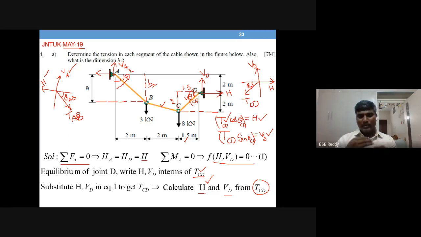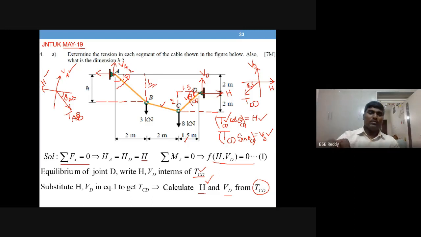So you'll go on solving the equations, and it takes a little longer to solve the problem. If you plan like this, you can start from joint A, or you can start from B or from C. So you have to work out the options and then proceed.